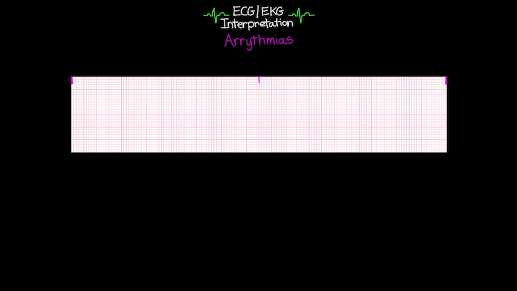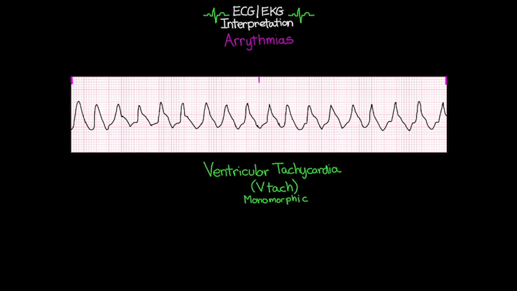That leads us to the next ventricular rhythm that we're going to cover here, our ventricular tachycardia, oftentimes referred to as VTAC. In this example here, this is our monomorphic VTAC. Basically what that means is we only have one kind of morphology of ventricular rhythm going on here.